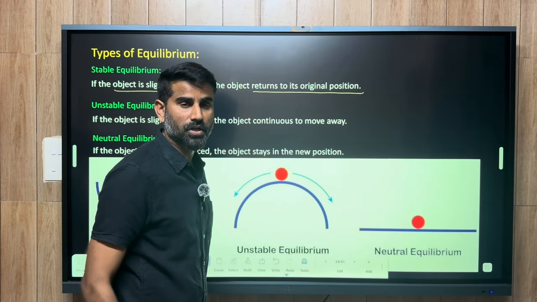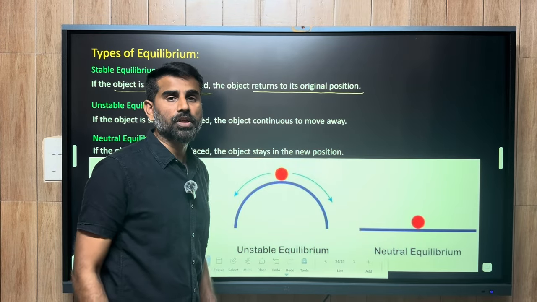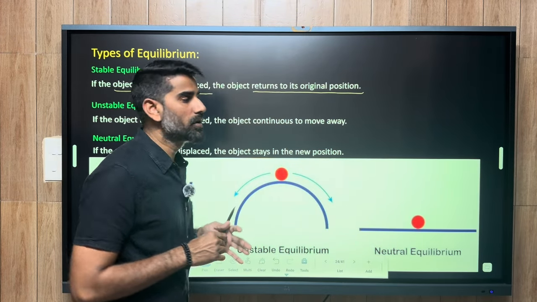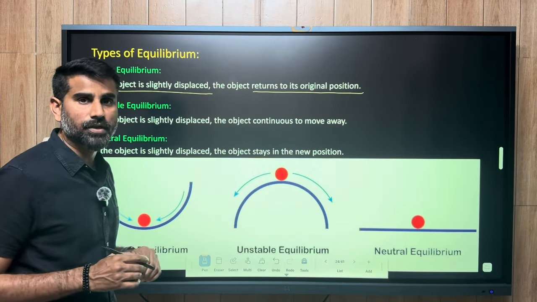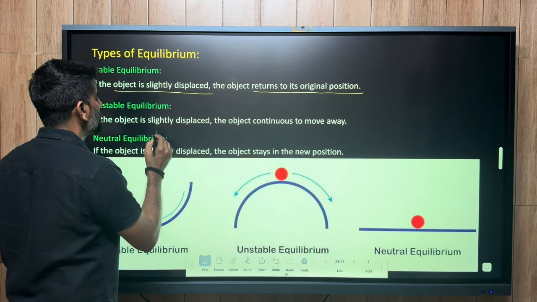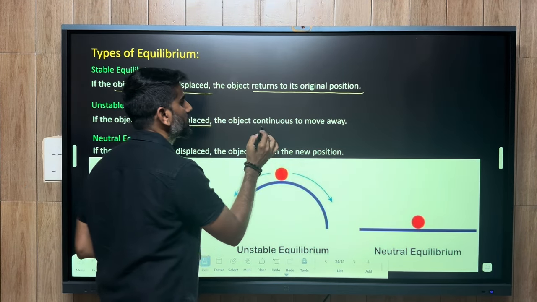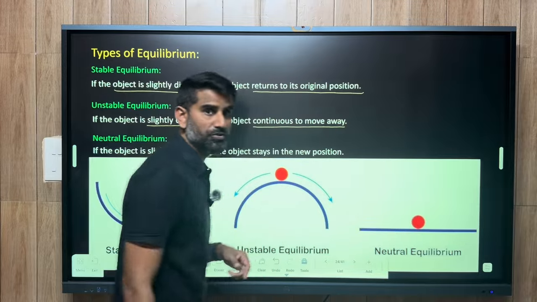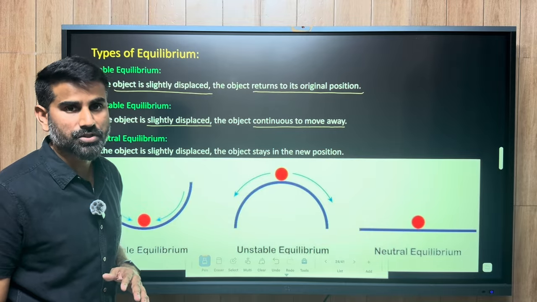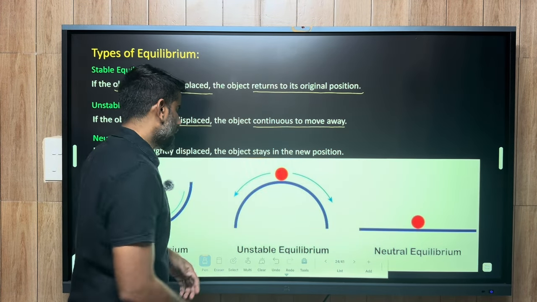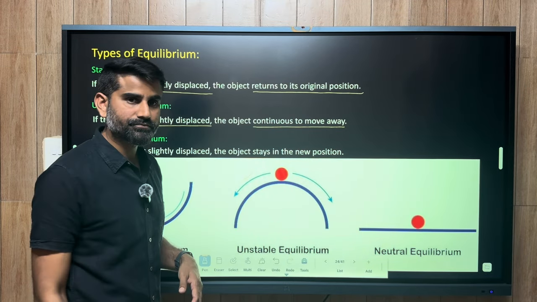It is continuously moving away from the equilibrium. This kind of equilibrium is called unstable equilibrium. So, if the object is slightly displaced, the object continues to move away from the equilibrium position. This kind of equilibrium is called unstable equilibrium.